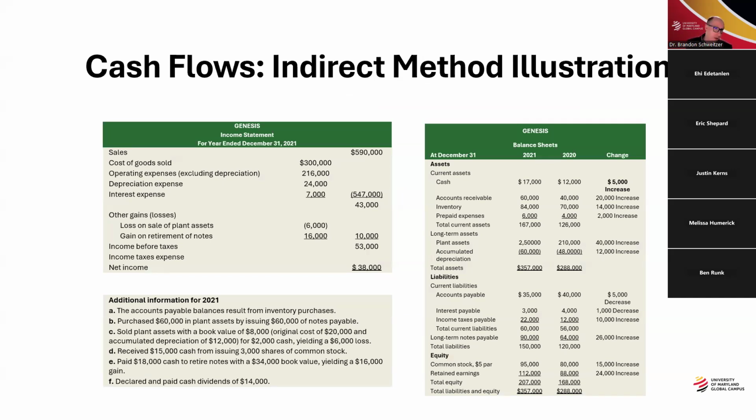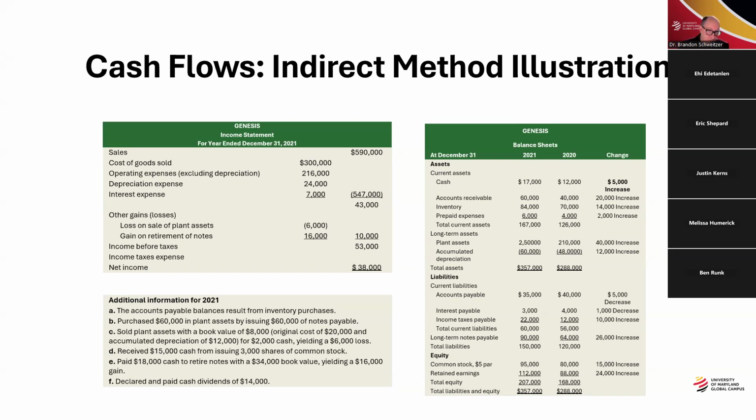In looking at the indirect method a little closer, we can get a really good understanding of how the indirect method is computed. So here we see some information to prepare the statement of cash flows that explains the changes in cash as reflected in its cash balance on the balance sheet.